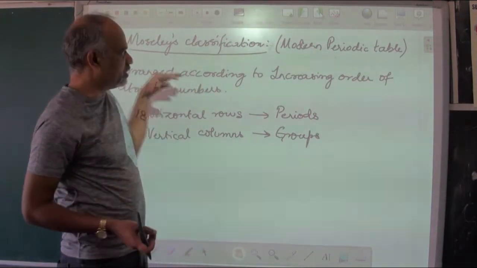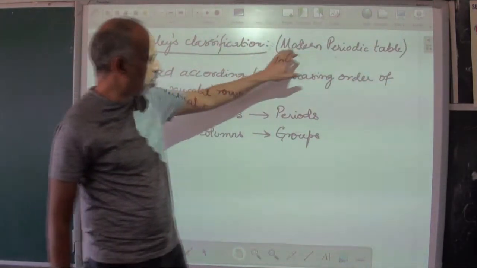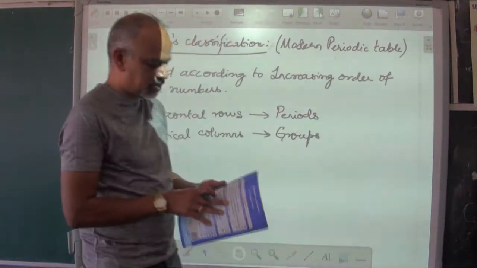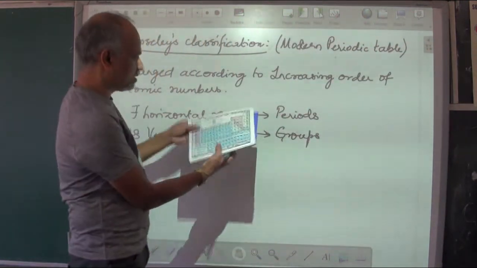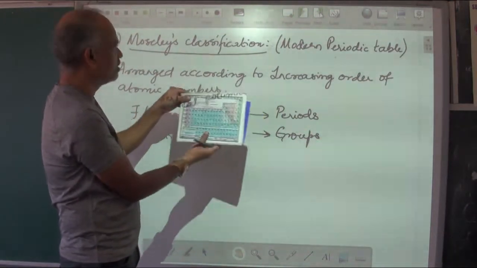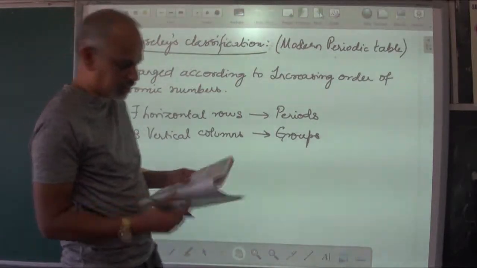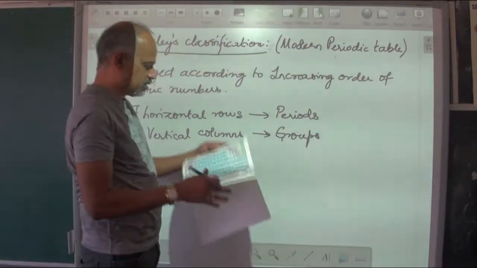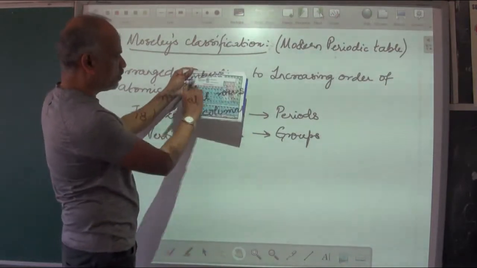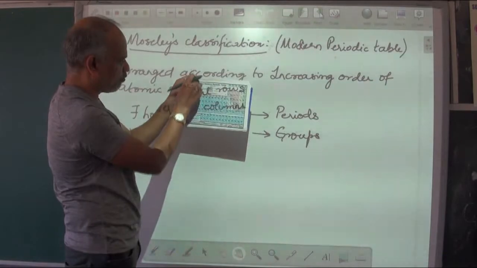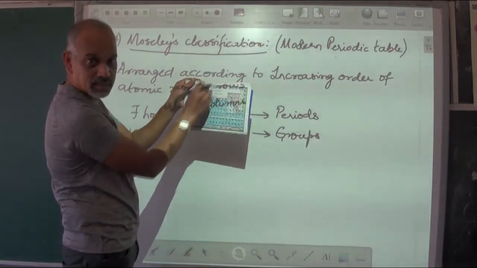So this arrangement was called the modern periodic table. This table that you are seeing is the modern periodic table, arranged by Moseley. If you see in this arrangement, a few are arranged horizontally and a few are arranged vertically.